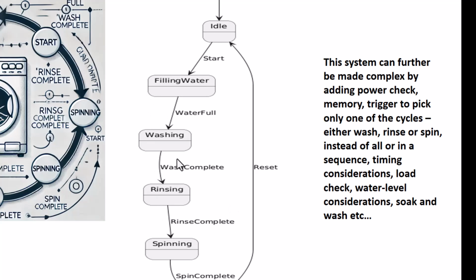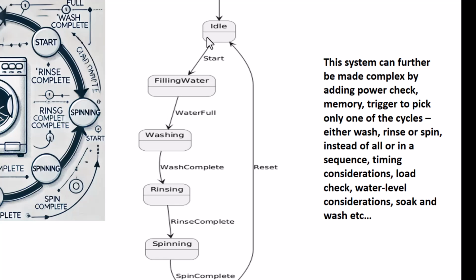But does a real washing machine look like this by any chance? No. As I told you, the real washing machine is much more complex, where all this information needs to be added to this kind of simple state diagram.